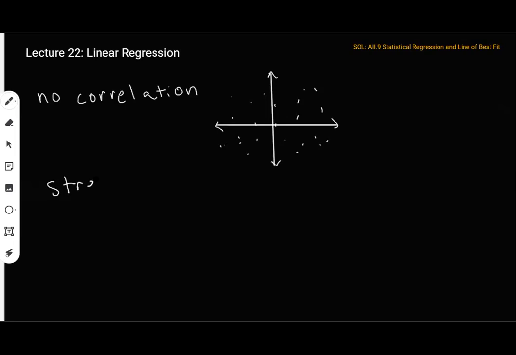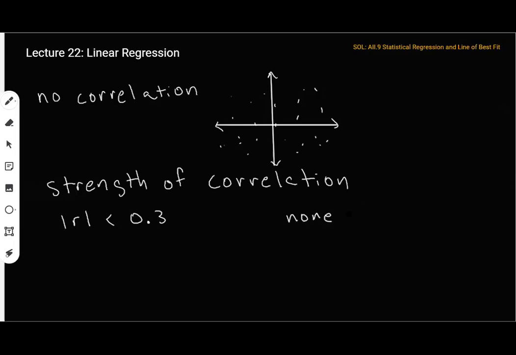So now let's talk about the strength of the correlation, because your correlation may be very strong or it could be very weak. And the way we categorize that is based on what the R value is. So if the absolute value of R is less than, let's say, 0.3, then the correlation is either no correlation or it's a very weak correlation.